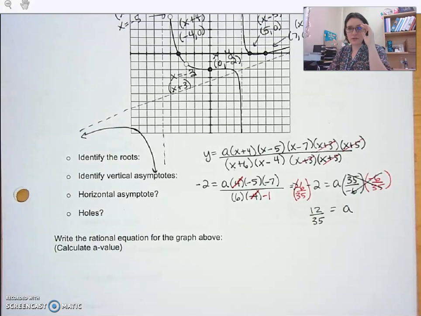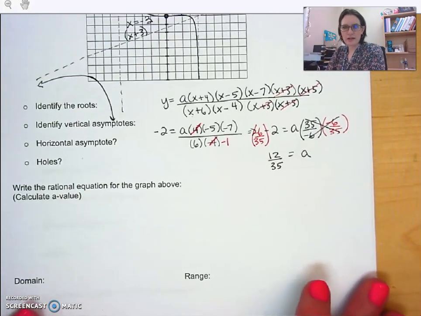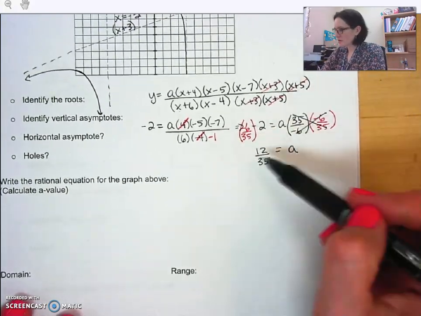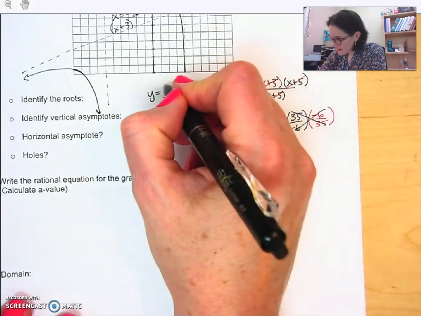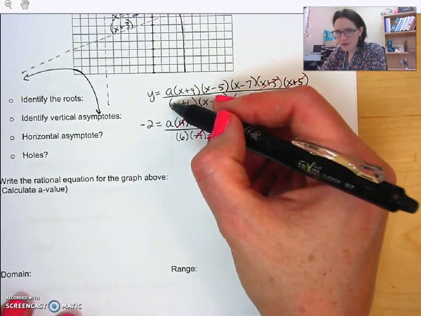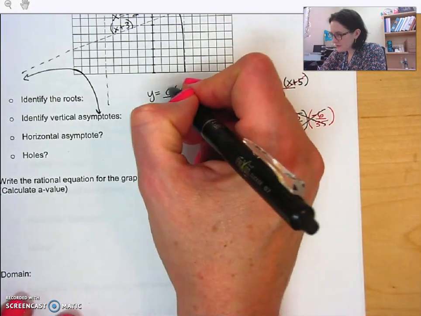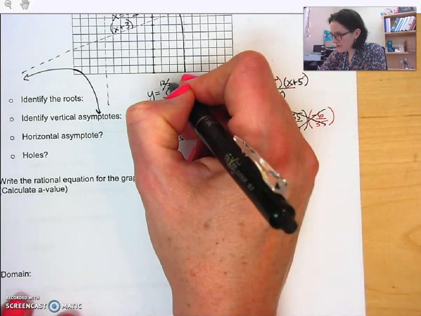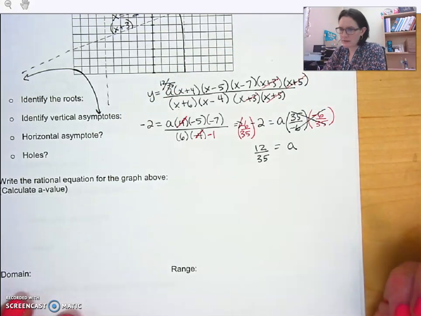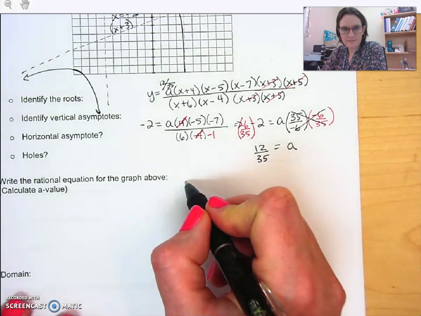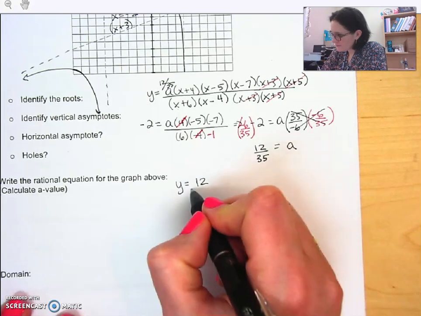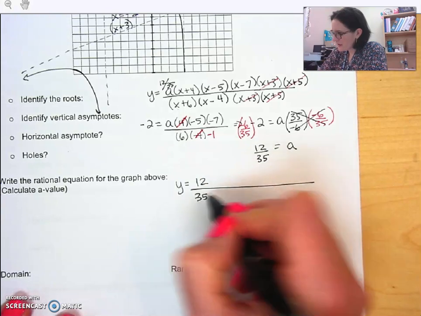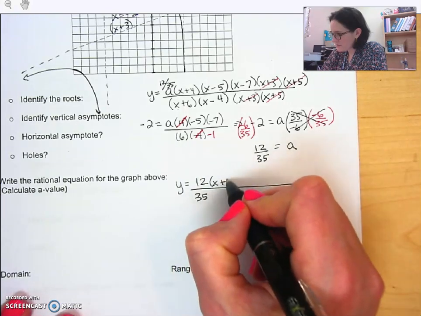So then to write my final equation, I'm just going to plug in 12 over 35 in for this a. Now, I like writing the 12 on top and the 35 on bottom. Technically, you could do one fraction in the numerator like that, but I'm not going to. So 12 over 35, and then all of the factors.